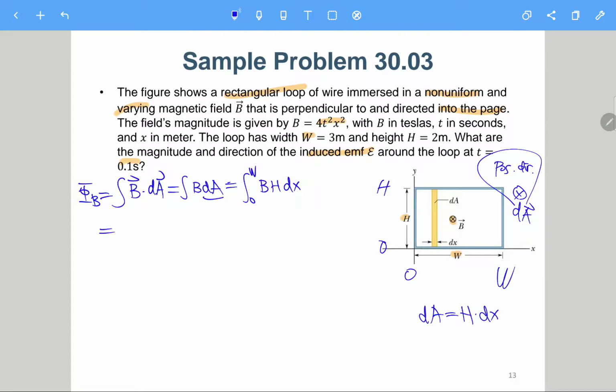So let's plug in b and all the values. b is 4t squared x squared, and then h is 2 meters, and then dx, from 0 to w, which is 3 meters.